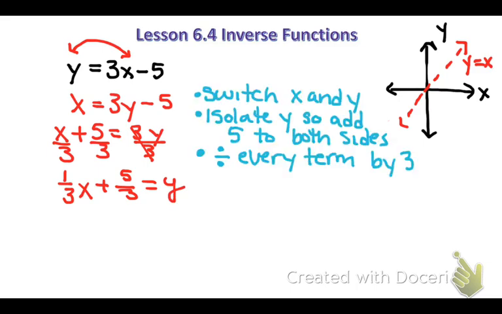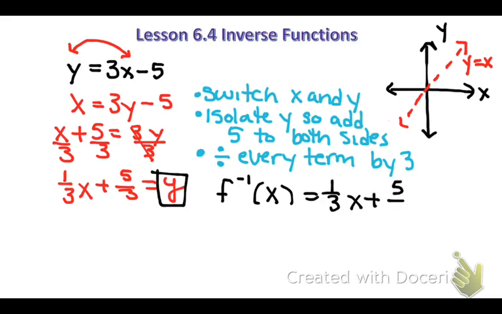The notation would be that we have to change this y to f. We have our little -1, so f inverse of x equals 1/3 x plus 5 over 3.